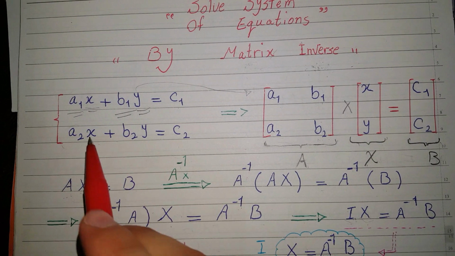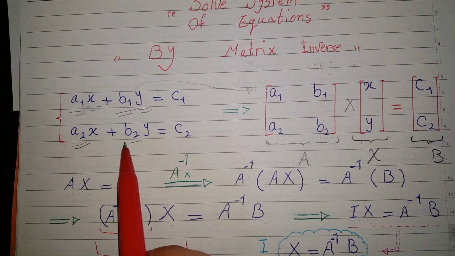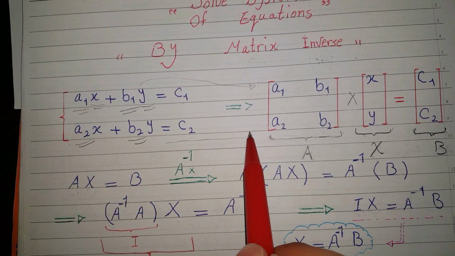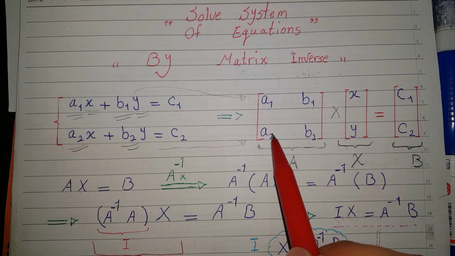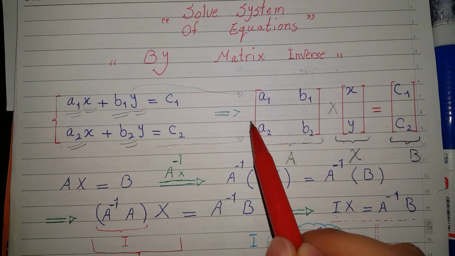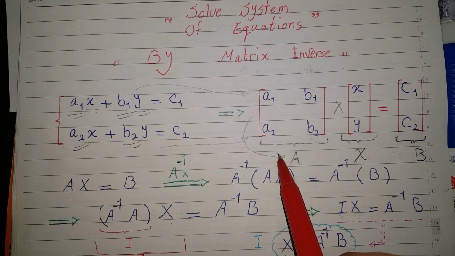In the second equation we have a2 and b2, and they go to the second row. So it's going to be a1, b1, a2, and b2. We're going to name this matrix the matrix A.